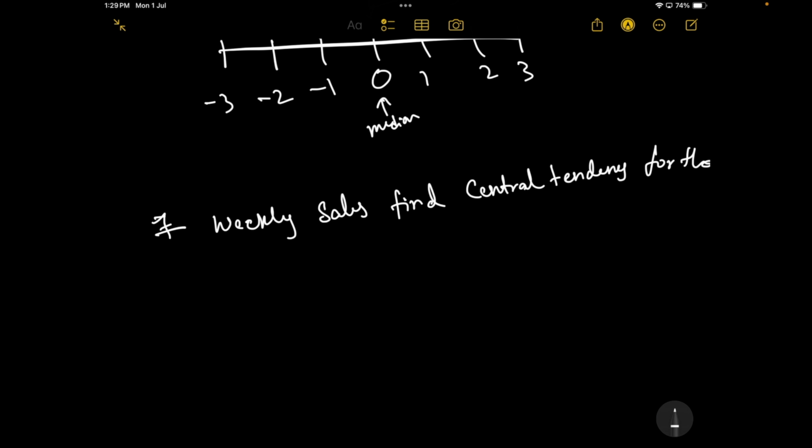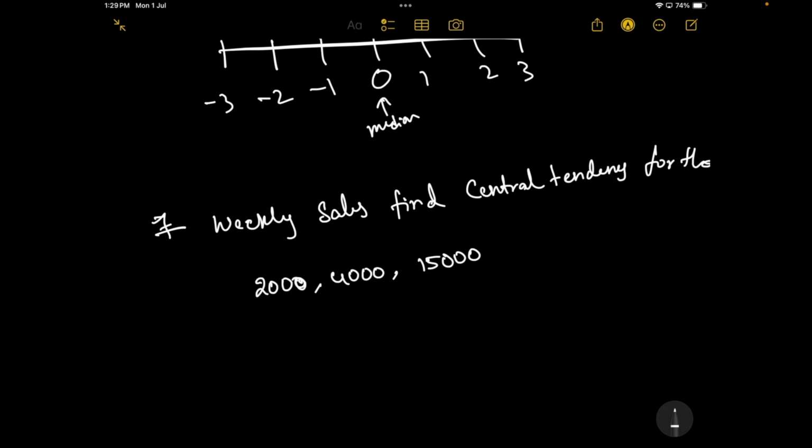The sales go like weekly, in the sense, 6 days. I'll take 6 days. In those 6 days, I made 2000 on day one, and then I made 4000 on day two, and I made 15,000 on day three.